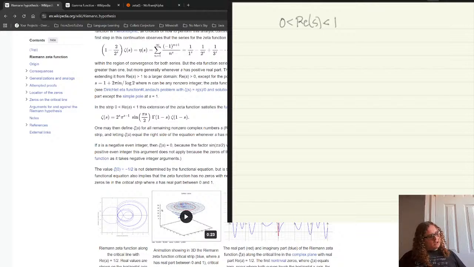Okay, now the hypothesis conjectures that all of the non-trivial zeros have real part equal to 1/2.